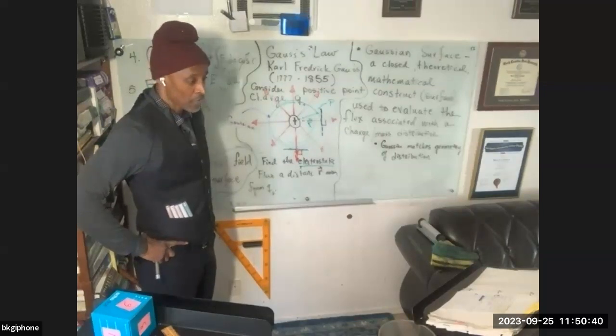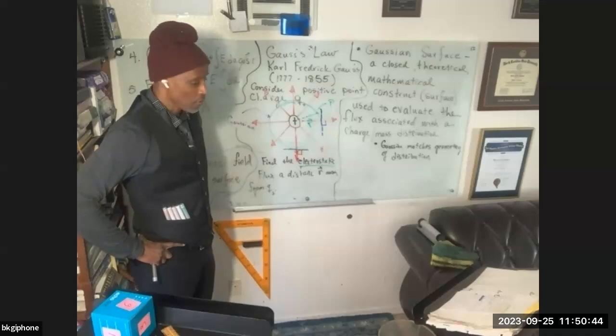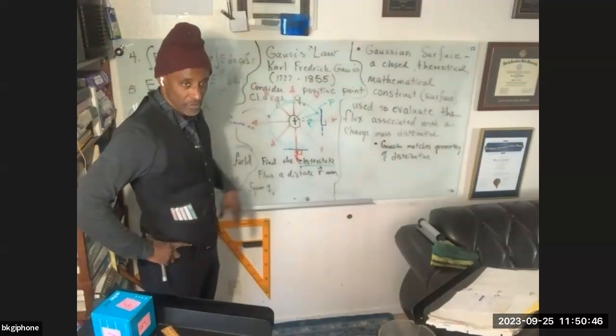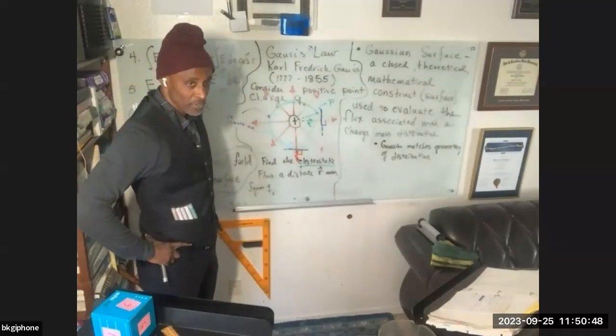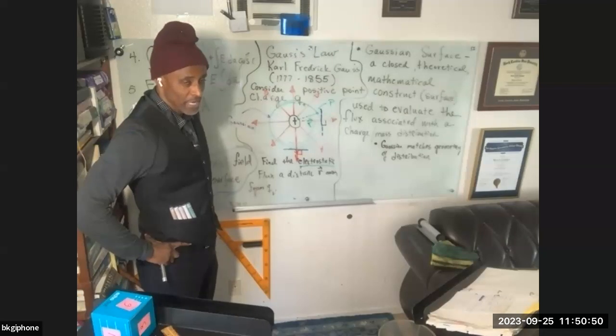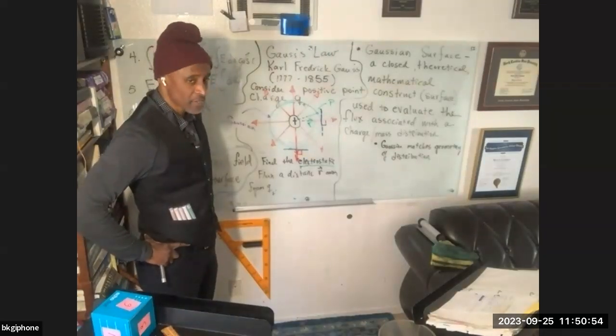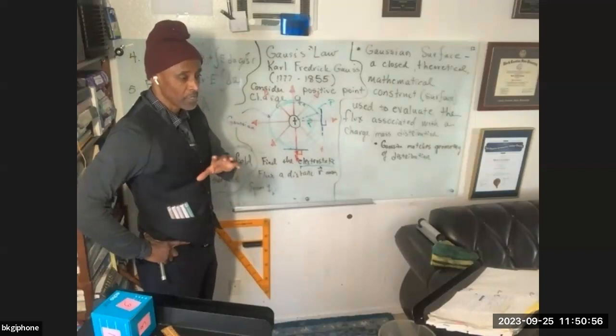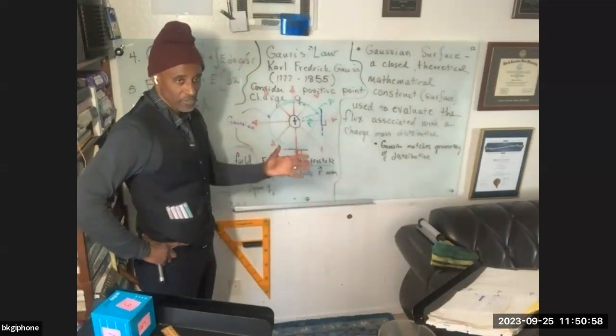If I were going to integrate, I might as well just do kQ over r squared, what we've been doing last week. So usually when we're using Gauss's law, we're going from Coulomb's law, harder mathematics, to simpler mathematics.